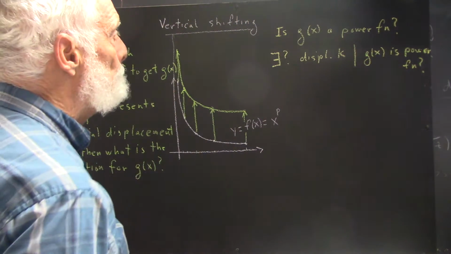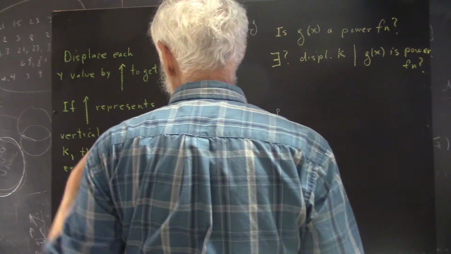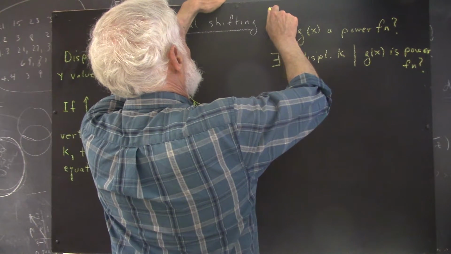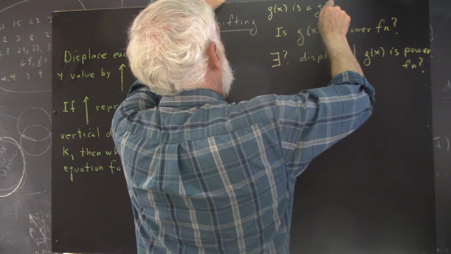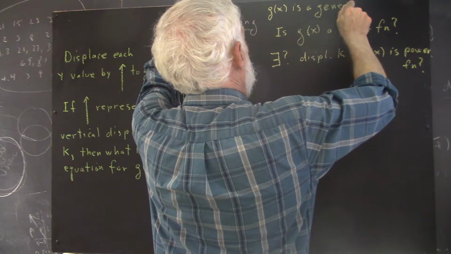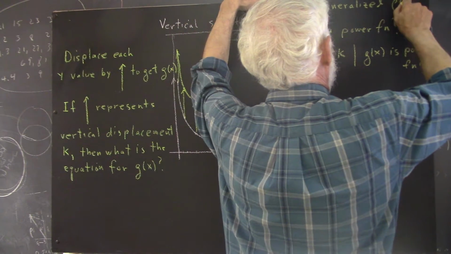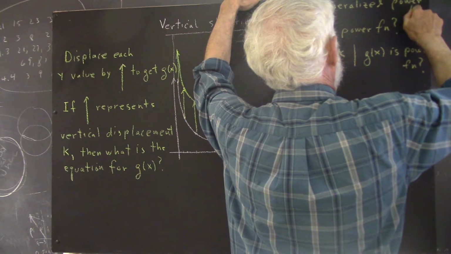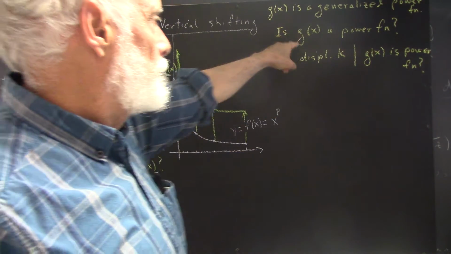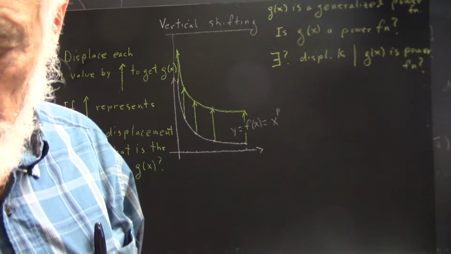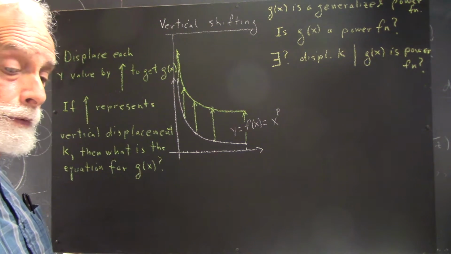And I guess I should precede this statement with the statement that g of x is a generalized power function. But the question is, is g of x strictly a power function? And what's the criterion for a power function?